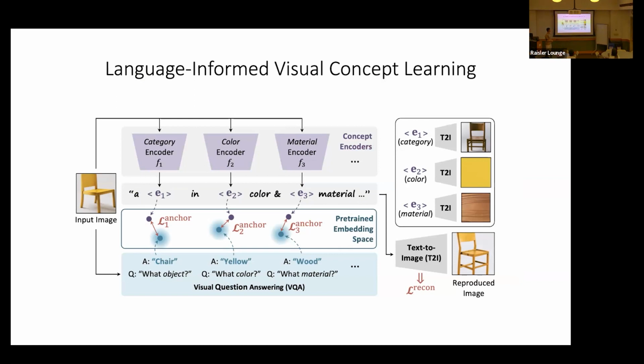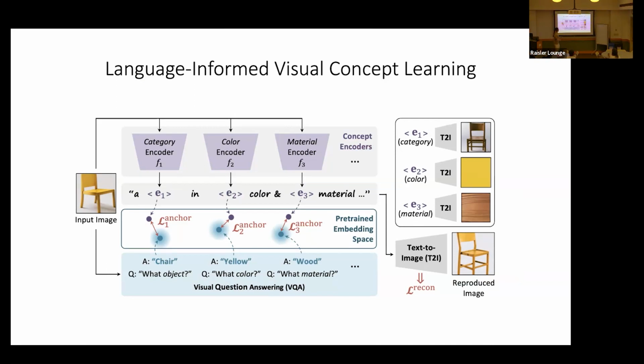The framework is pretty simple. You convert the image into these embeddings, put them into a text template, feed this text template to the image generation model, and optimize and train these encoders with the diffusion loss, essentially similar to a reconstruction loss.